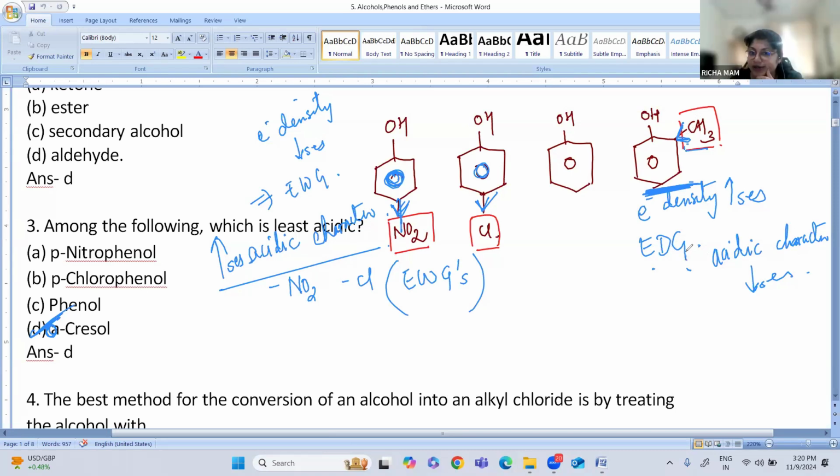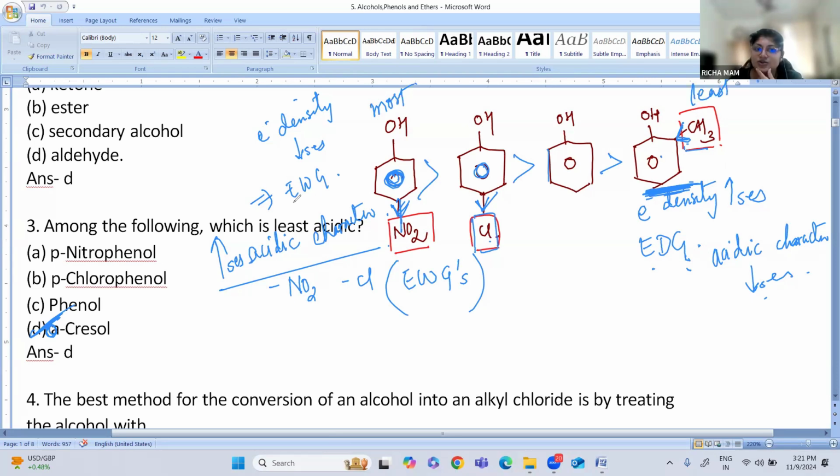Because of the electron donating group, the electron density will increase, but the acidic character will decrease. So this is the least acidic, then phenol, then the chloro compound, and this is the most acidic.